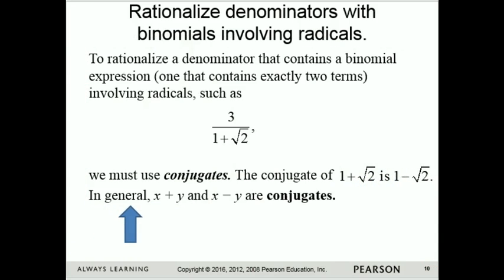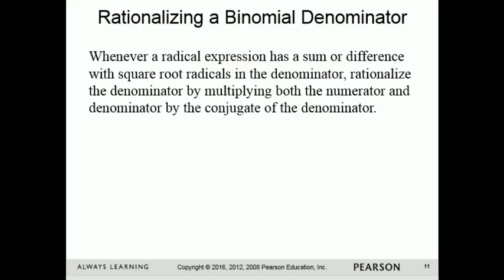Okay, in general, x plus y and x minus y are conjugates. So that's the first step in rationalizing the denominator of, in a situation where you have a binomial containing a radical in the denominator.